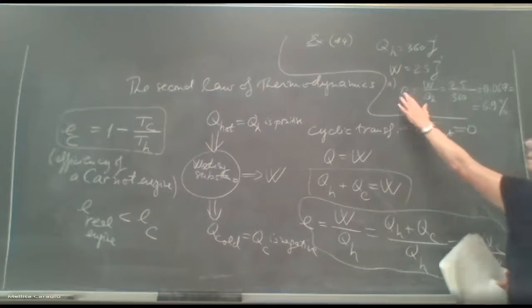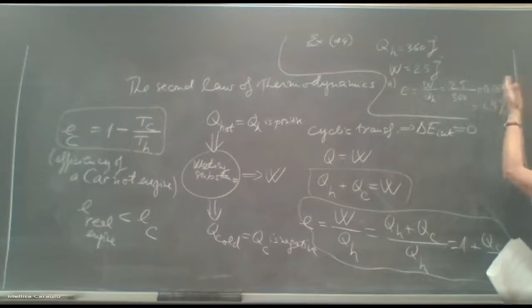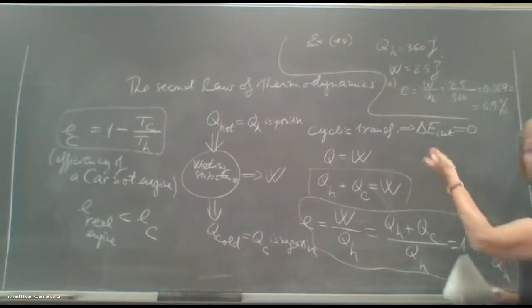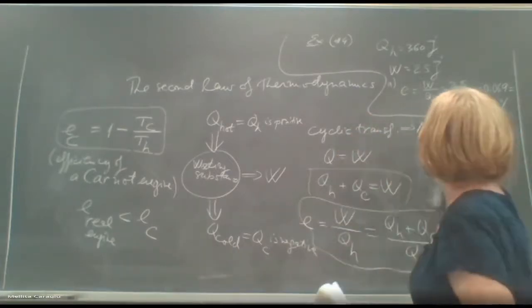So efficiencies are okay if they are declared either as a decimal number or multiplied by 100 and we say whatever percent. So that was the first question.